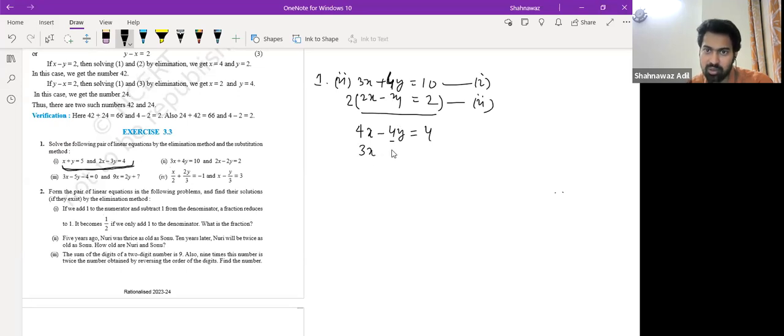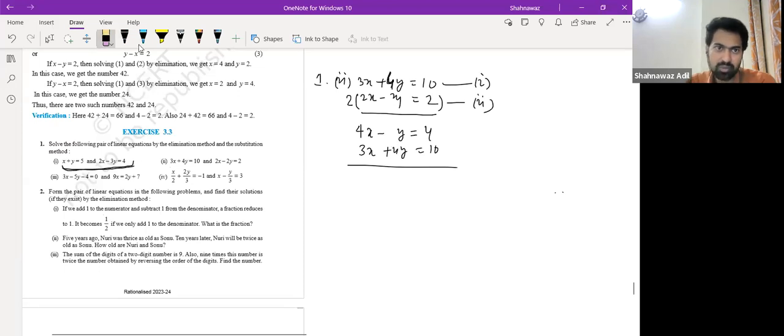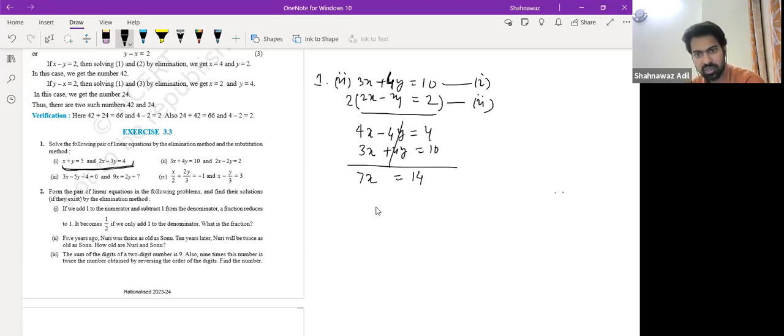Yes, sir. So then what should we do? Add or subtract? Subtract. If we subtract, this would be minus 4, so minus 8y. So add, right? In addition, the sign doesn't change. So this will cancel and this would be 7x equals 14. Did you understand this part? Yes, sir.